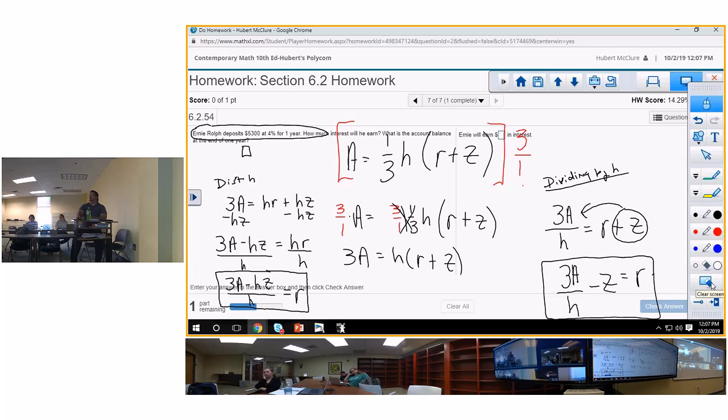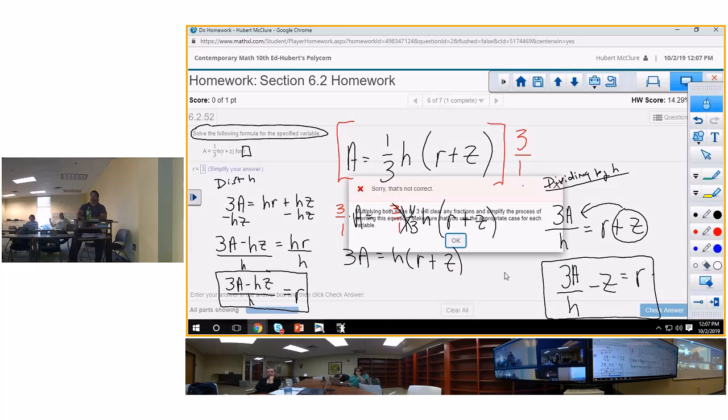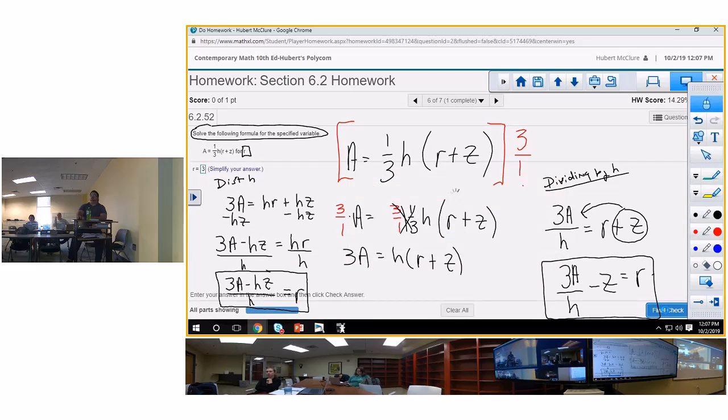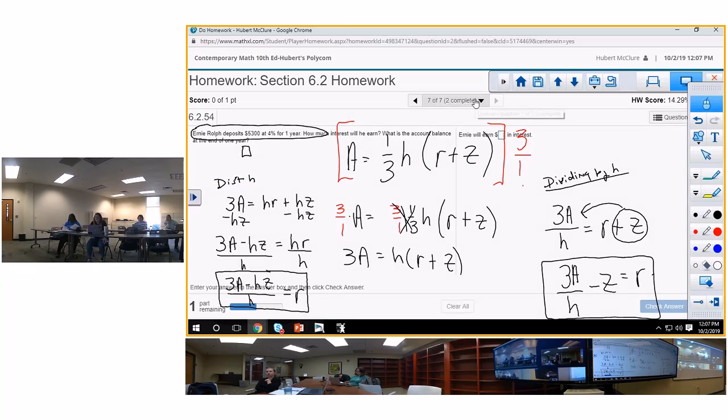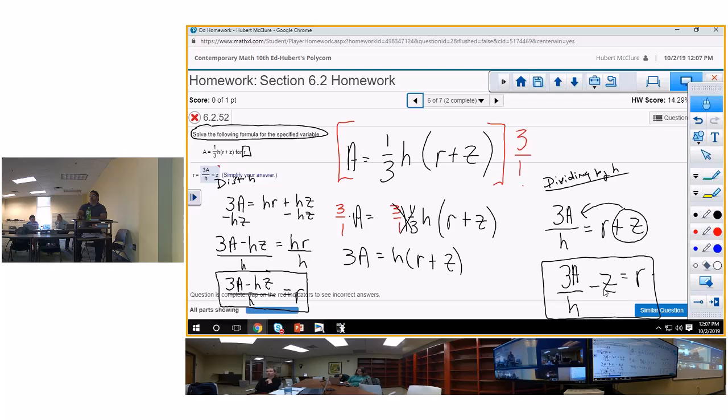I'm not going to type it in, but I'll put 3 in there. They went with this method. But on the test, I'll take either answer.